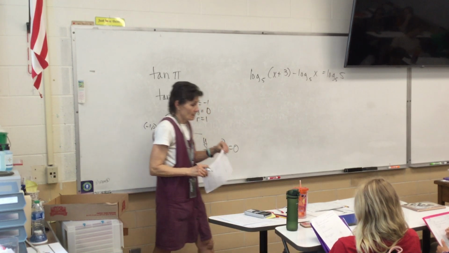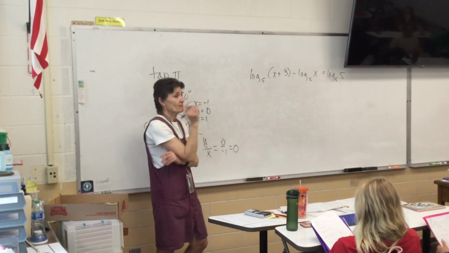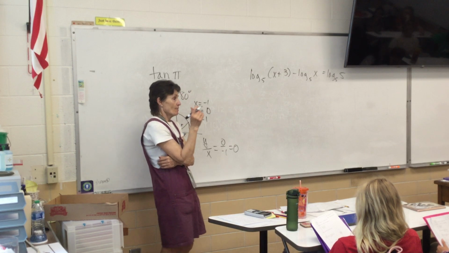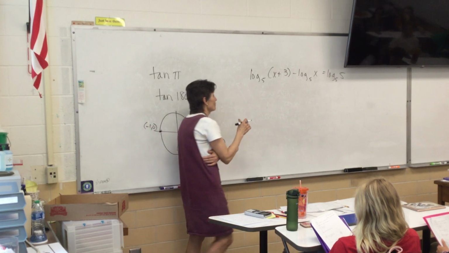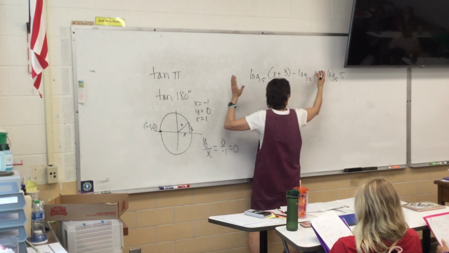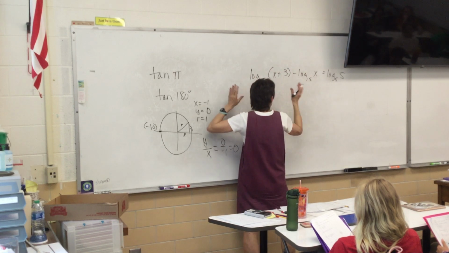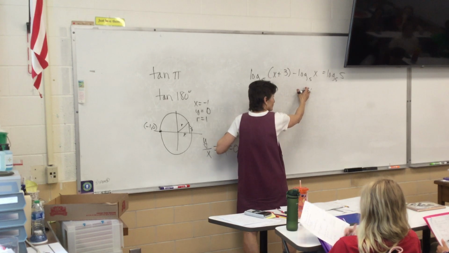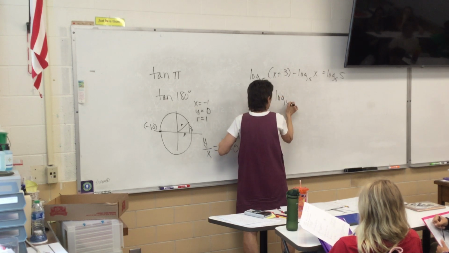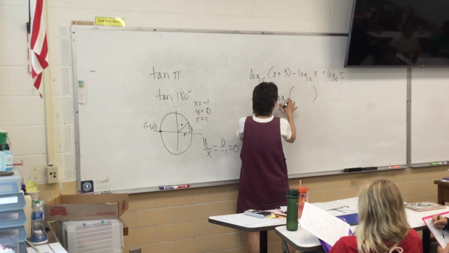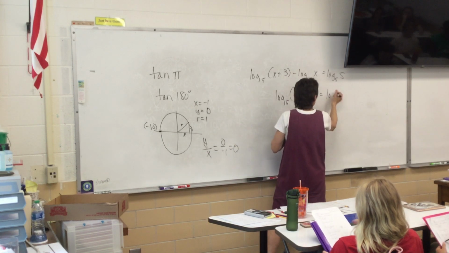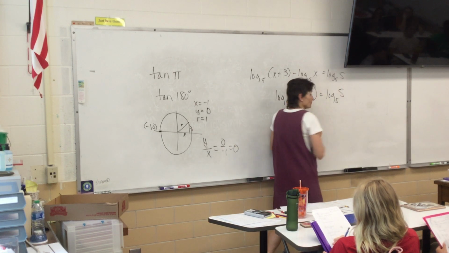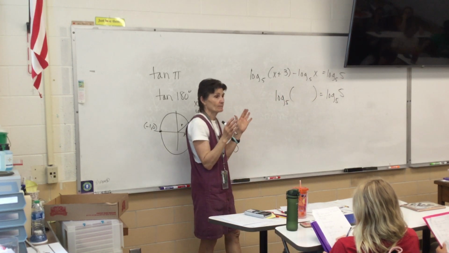Now, when you solve logarithmic equations, the first thing you gotta do is mush these together so you only have one logarithm. You cannot solve it if you have two. You have to put it together so it's one logarithm equal to one logarithm. That's how you gotta start.